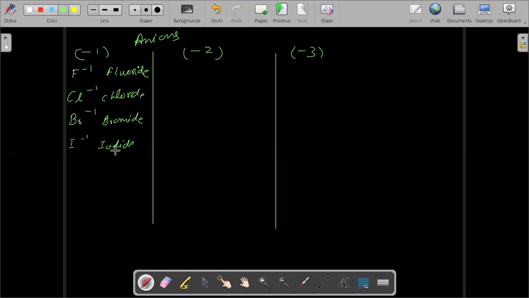I'm still adding to the list. For example, hydroxide is there. We have hydride also. So hydride is from hydrogen. Hydrogen can form a cation as well as an anion. Niharika, can you tell how hydrogen can form a cation as well as an anion?